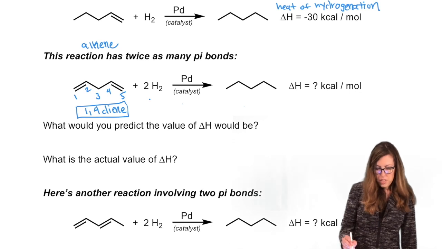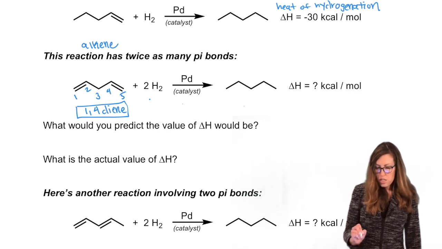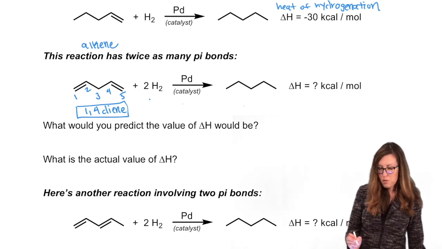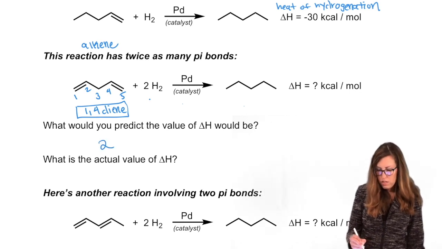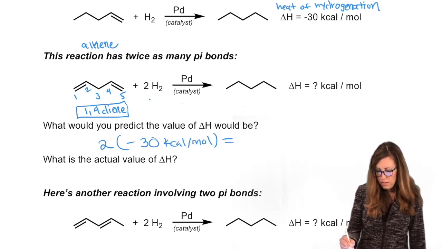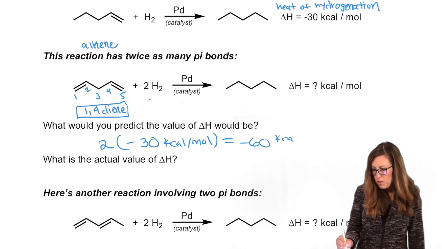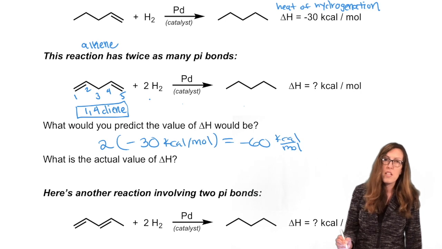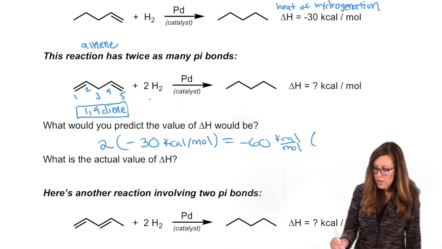So if we want to reach the same one, a good prediction, I mean, it's simple, we have twice as much that we need to react, then I'd say, okay, well, 2 times negative 30 kcals per mole would give me negative 60 kcals per mole. And because I'm using previously established data to predict something that maybe is unknown, then I would call this my theoretical value.